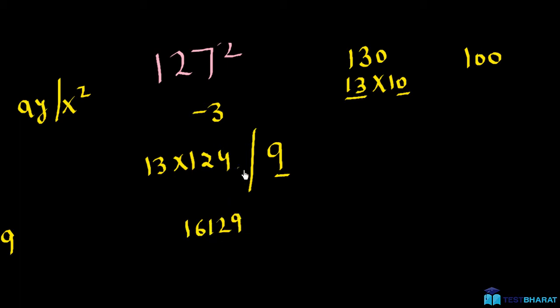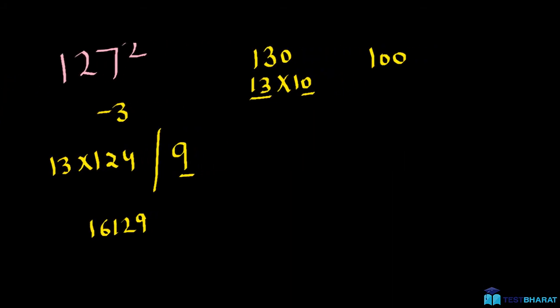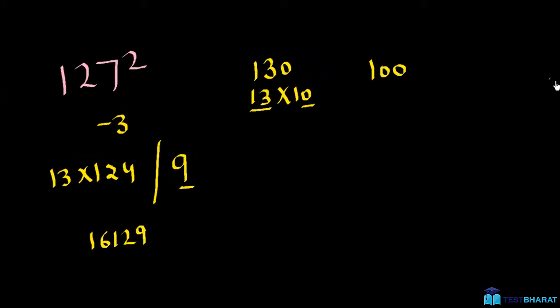But multiplying 13 into 124 is a bit of a calculation. So in the next method we will compare it with the case where we take a base of 100. Now my x will be 127 minus 100, number minus base, and my y will be number plus x.